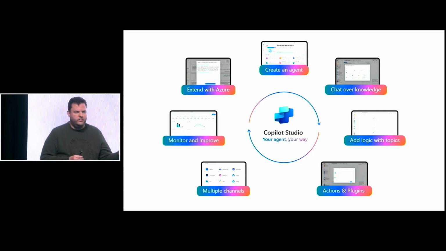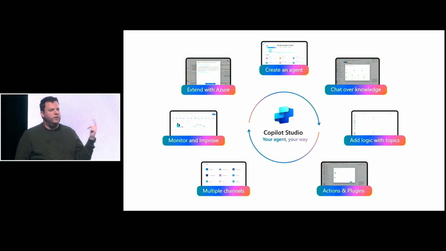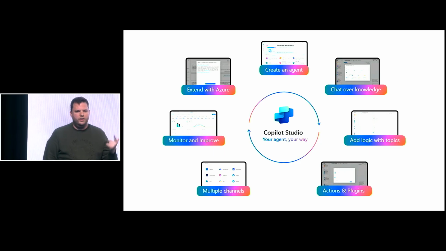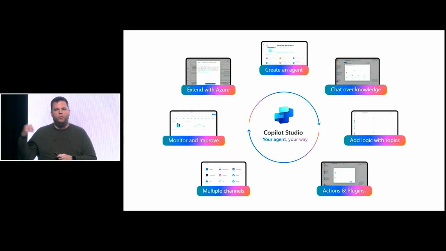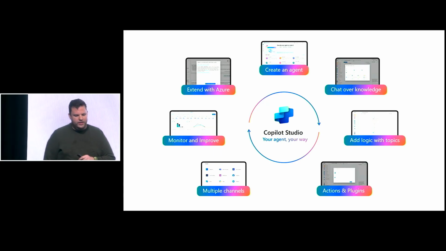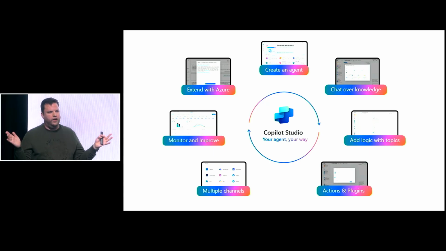A channel could be, for instance, Microsoft Teams if you want to do it internally, but you can also do a channel for mobile apps. So you can add that to your own mobile app if you want to, or your own website. Facebook is an example, WhatsApp, you can add it to all kinds of different channels, and that can only enlarge the audience of your agent.